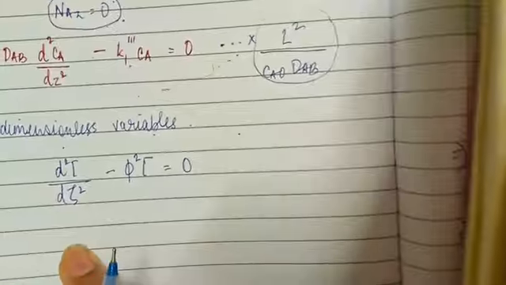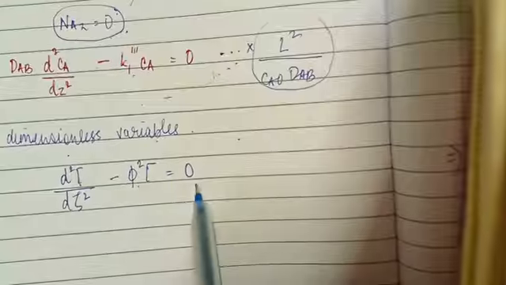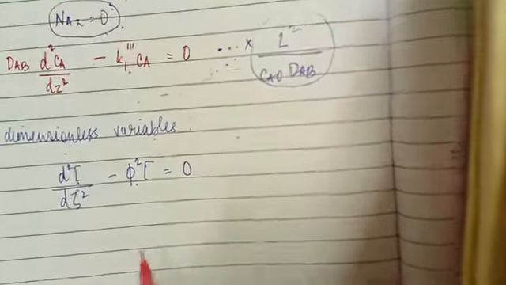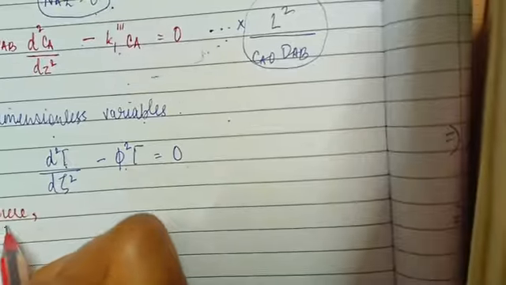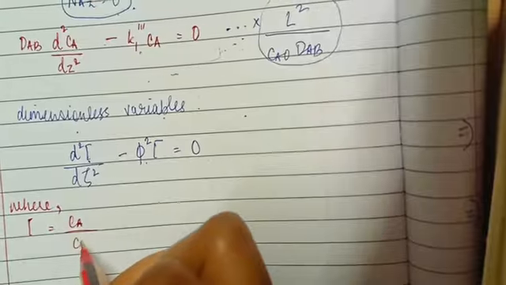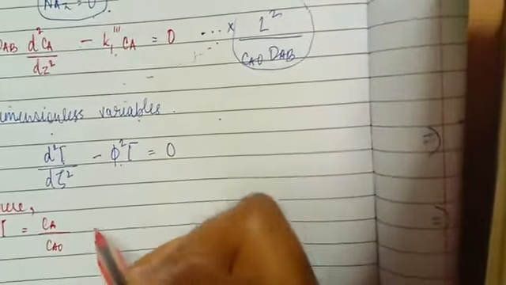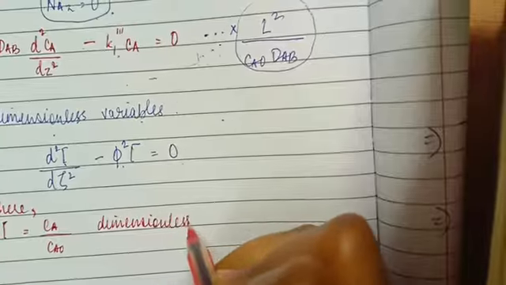So we all might be wondering what gamma and zeta and phi mean. They are nothing but: gamma is equal to Ca by Ca naught, which is a dimensionless concentration.